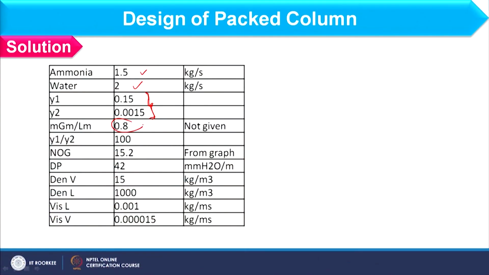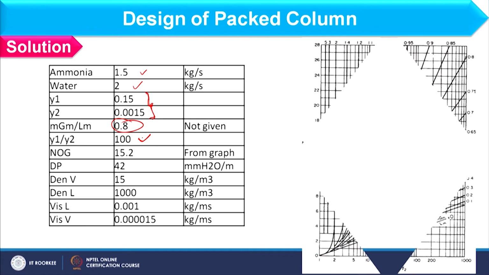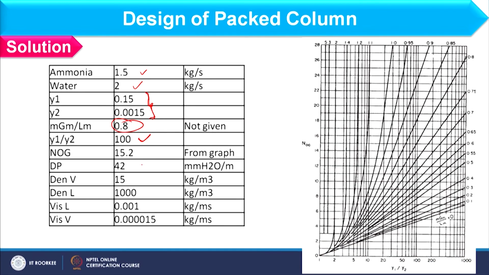So, if you remember the design of packed column, if mGm by Lm value is not given, we consider the optimum value, and that optimum value is 0.8. So, we can consider that over here. Y1 by Y2 we can obtain as 100, and so we can see the value of NOG from the graph.